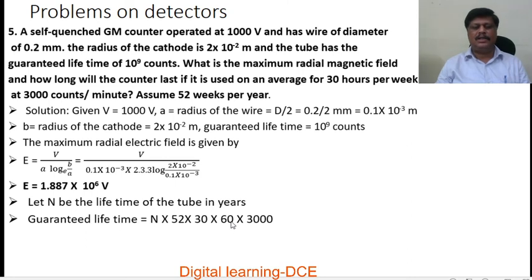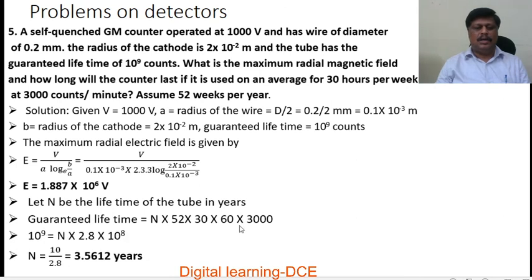Per minute they have given, converted into seconds, into counts 3000. So the guaranteed lifetime is 10 to the power of 9. Substitute the guaranteed lifetime 10 to the power of 9 equal to N into, if we simplify all this, we get 2.8 into 10 power 8. So capital N is equal to 10 power 9 over 2.8 into 10 power 8.